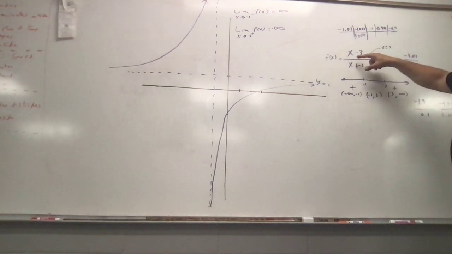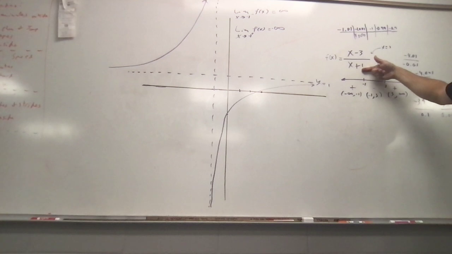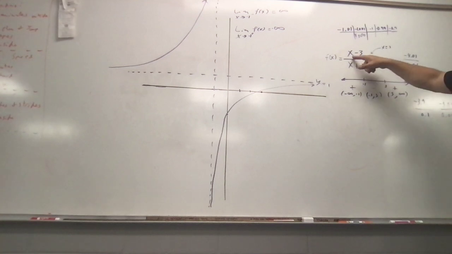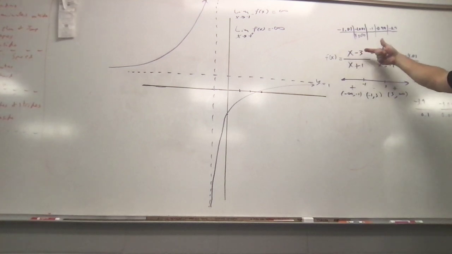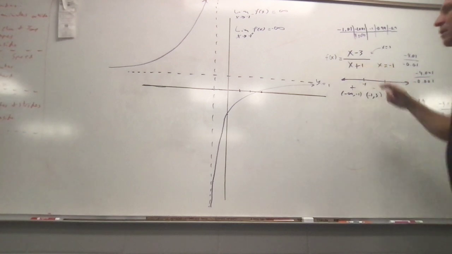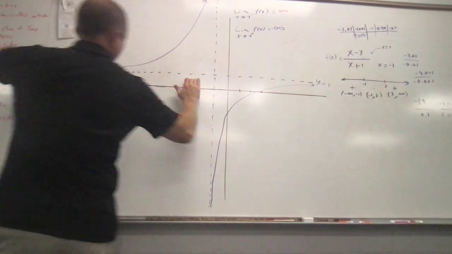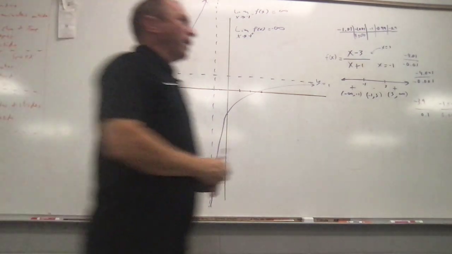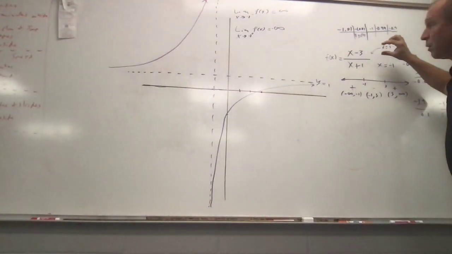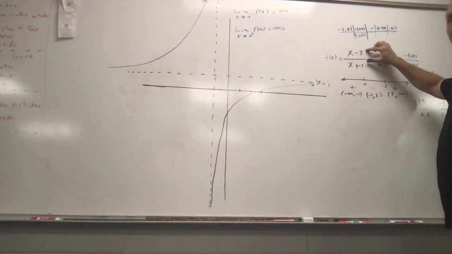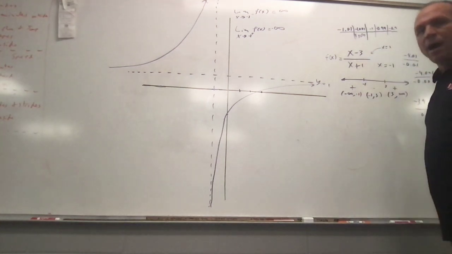So we end up with, like, if we plug in 1,000,000, essentially it's a ratio of 1,000,000 over 1,000,000. If I plug in negative 1,000,000,000, it's essentially negative 1,000,000,000 over negative 1,000,000,000. So that's the reason why we hit this ratio of 1. That's the reason why we have this horizontal asymptote. It never will actually equal 1 because we still have this negative 3 and 1 here that's just keeping it off of 1.